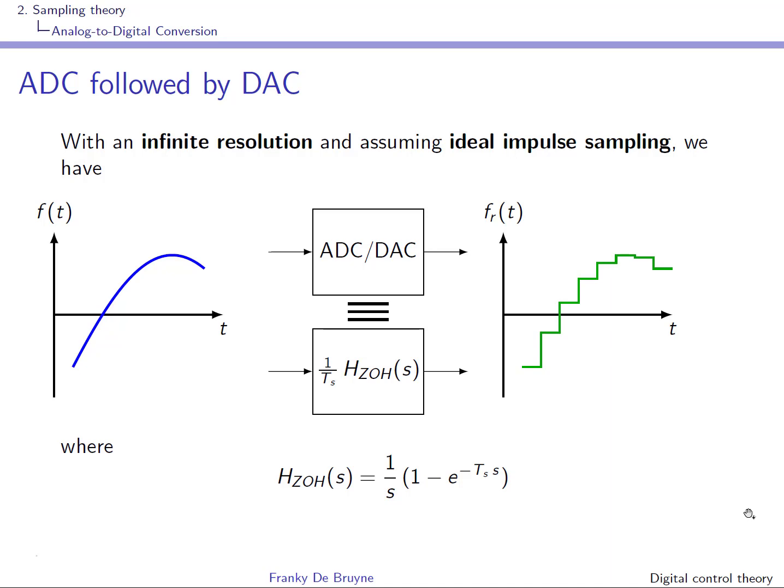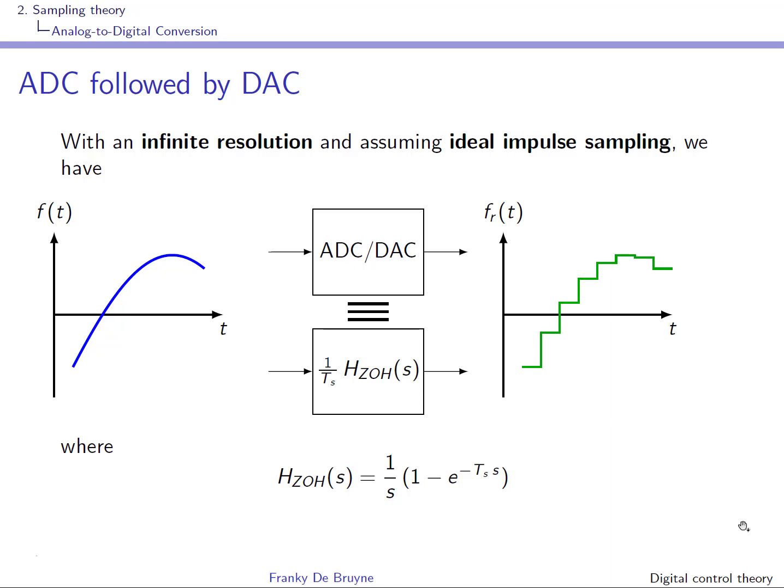If you make these assumptions, the analog to digital conversion followed by digital to analog conversion will transform the input analog signal into an analog signal in the form of a staircase, and you can see the discontinuities at the sampling instants.